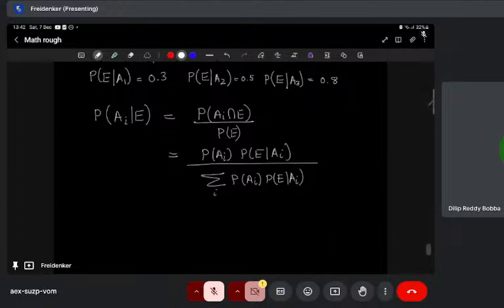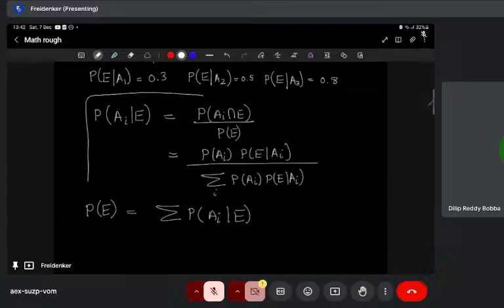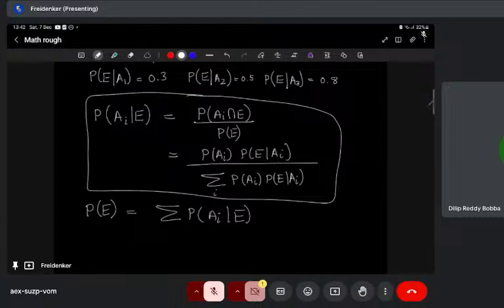Fine. So probability of E is going to be summation of probability of AI given E. So this is Bayes theorem. There's nothing to memorize though, but this part is Bayes theorem. It came from total probability.